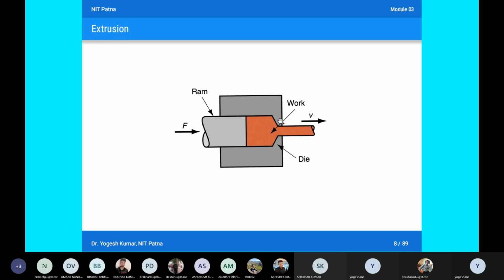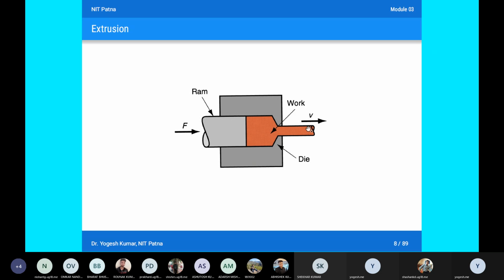So this was the initial diagram which was explained to all of you. I hope all of you remember that under extrusion processes we have one container, then we have a die. And this is your initial workpiece, which is forced to pass through a die with the help of some ram arrangement.